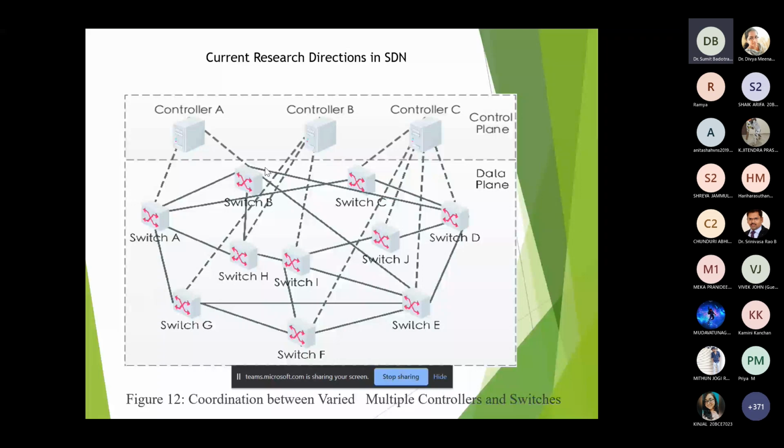So in order to maintain that network configurability, we have multiple SDN controllers which can work together. If something happens to controller A, we have controller B and controller C, which can take over the place and perform the functionality. So how to maintain a cordial relationship among controller A, controller B, and controller C? That is the current research direction.